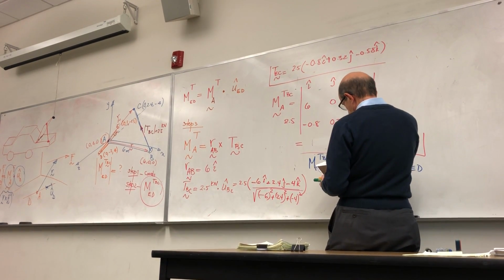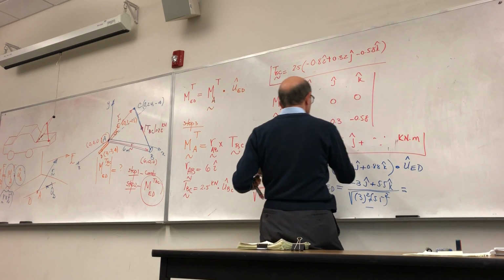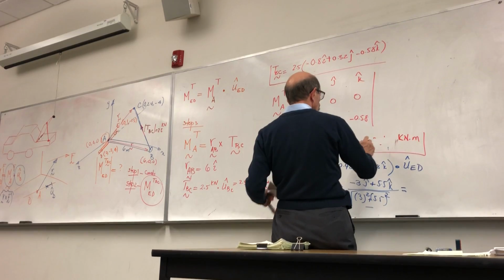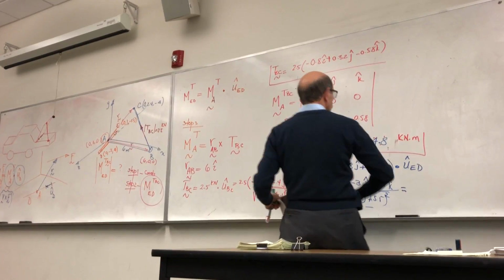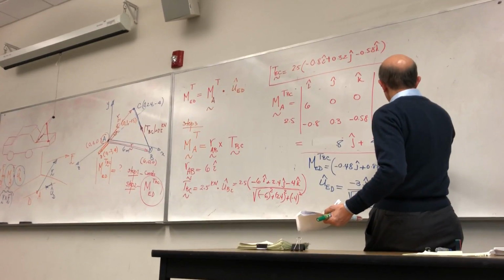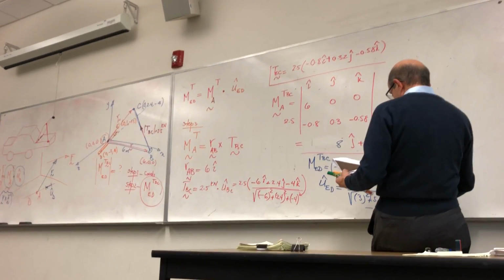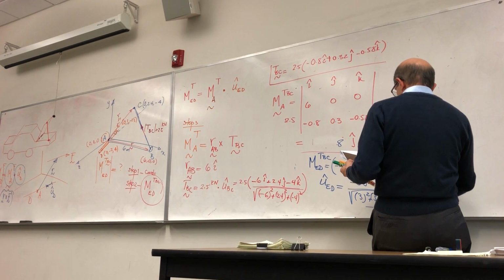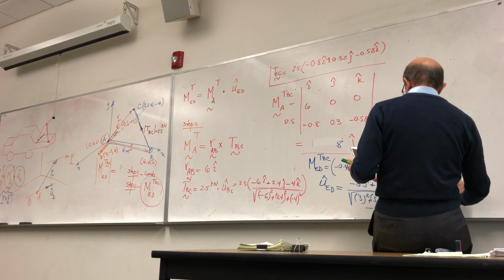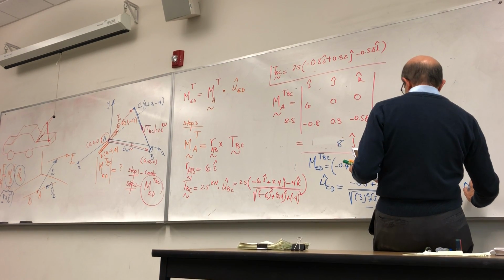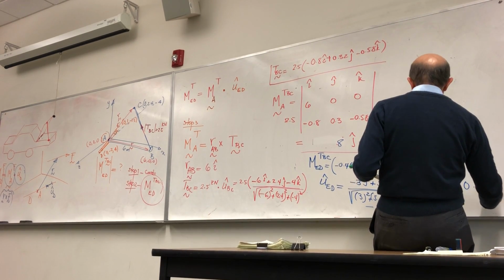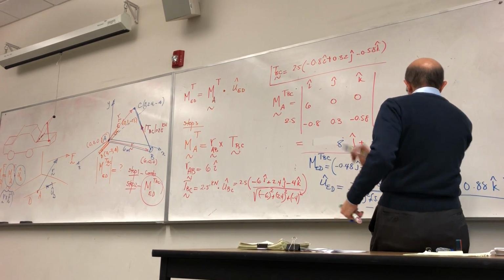This is 8J plus 4.8 K. This comes out to be, unit vector would be negative 0.48 J plus 0.88 K. Okay.